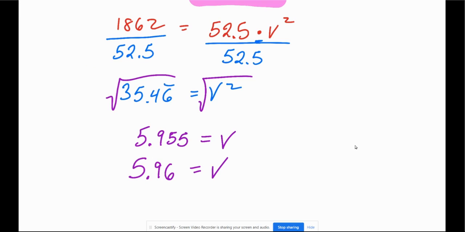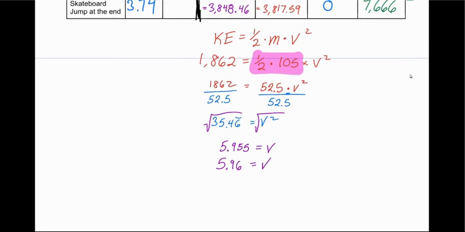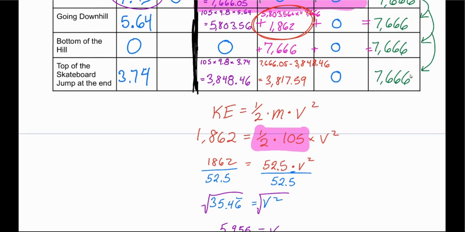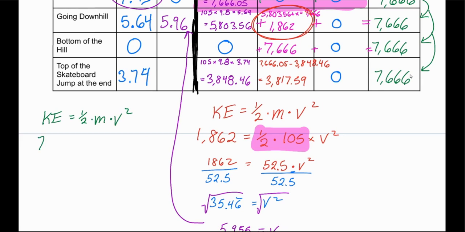All right, and that's it. So then all you need to do is do the same thing over and over again. So this becomes 5.96. And then I could do the same thing for the other ones. So my kinetic energy is equal to 1/2 times mass times velocity squared. Plug in the numbers.